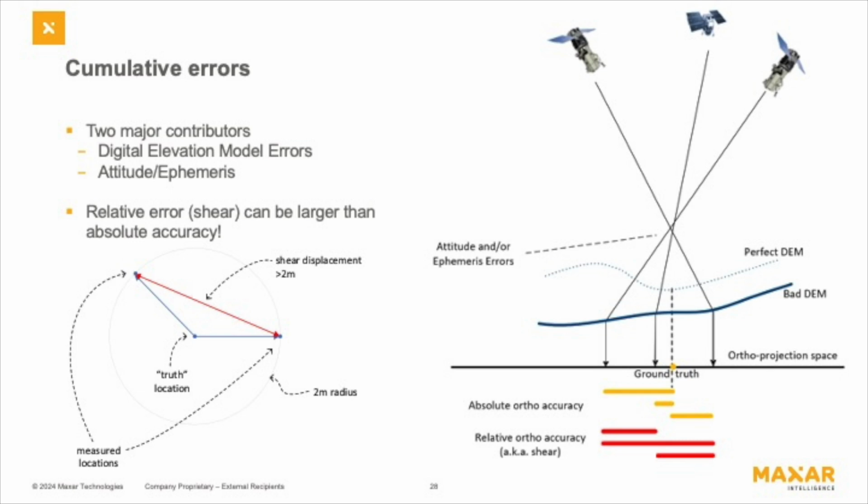So the position of the same point between two different collections can be greater than the absolute accuracy. When that happens, for example, when you're doing mosaicing of two images, you might see that roads don't align. And there's a very sharp difference between the two, especially, for example, bridges or something like that. You might see those effects, that the same point is not in the same position in both images.